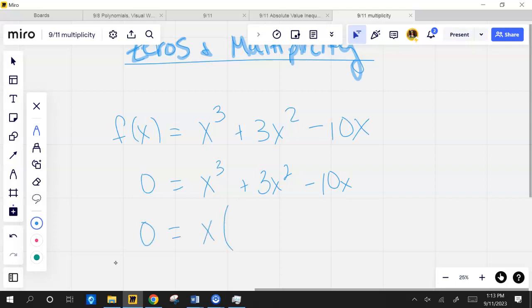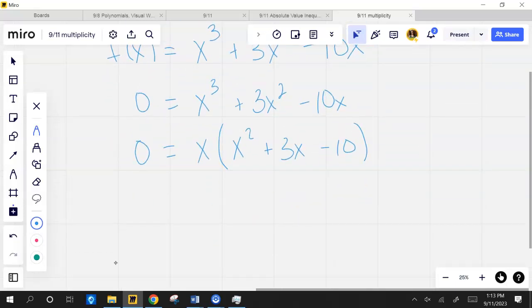What's left? Now what? Now I can say what multiplies to negative 10 but adds to 3. What is it? 5 and negative 2. So these are the factors, yes? And what are the zeros?